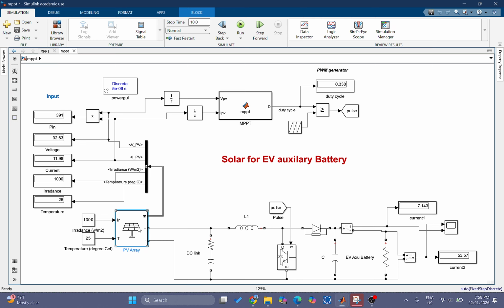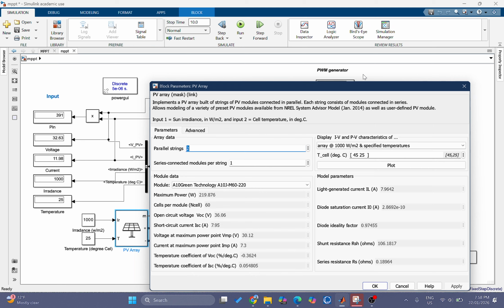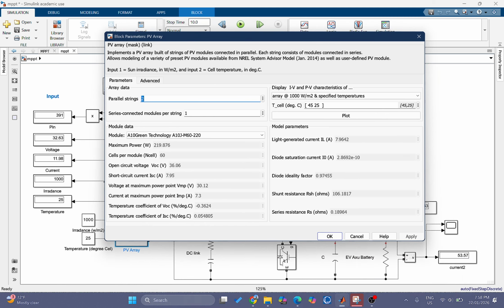Now, firstly, moving into the PV array. The PV array model accepts real physical inputs, where we are giving an irradiance in watts per square meter and the temperature in degrees Celsius here.